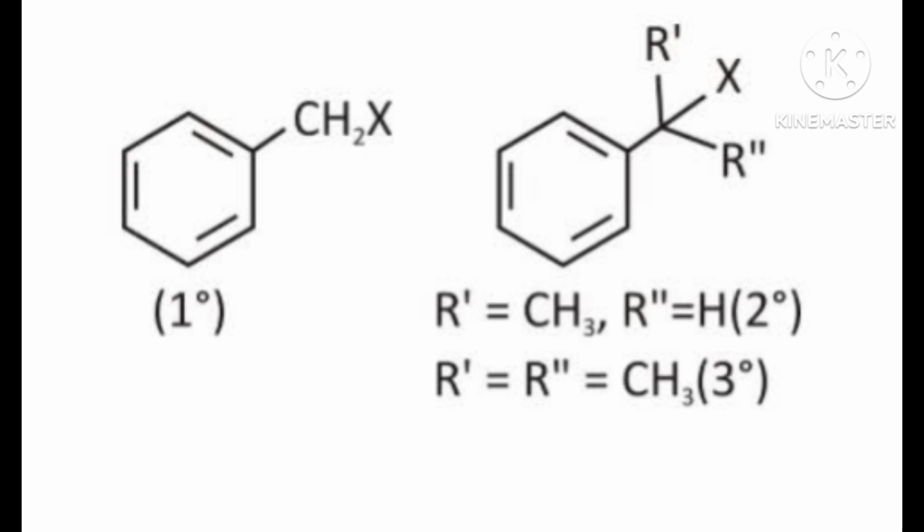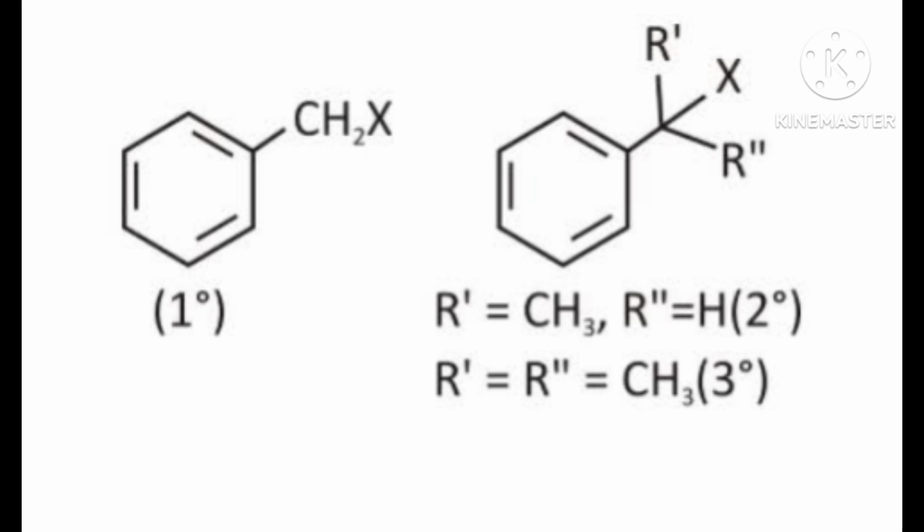If halogen is attached in this type of compound, allylic halides I am talking about, these are the compounds in which the halogen atom is bonded to an sp3 hybridized carbon atom next to a carbon-carbon double bond.